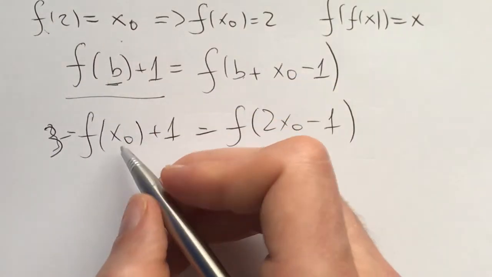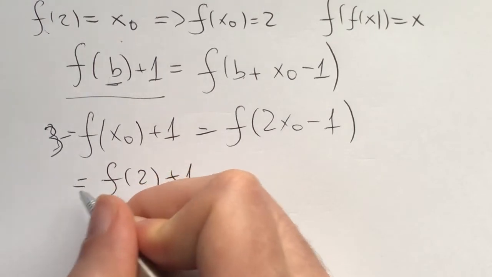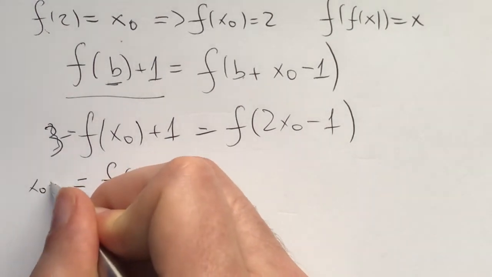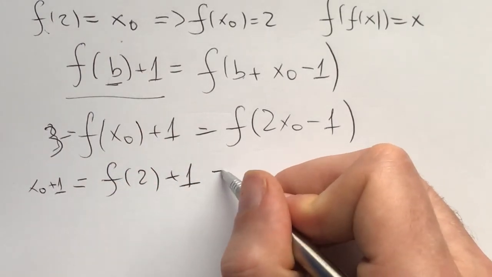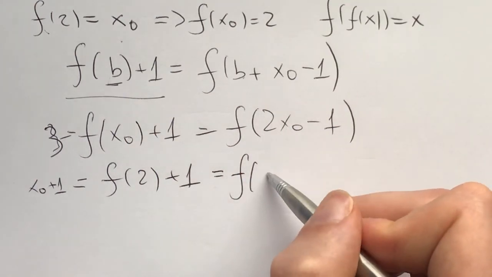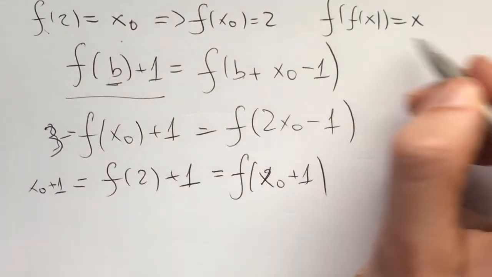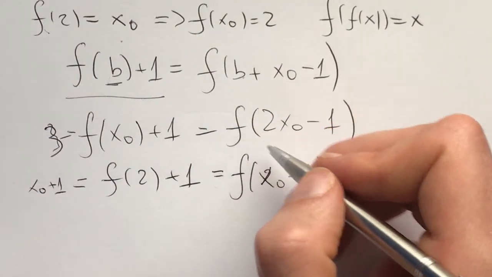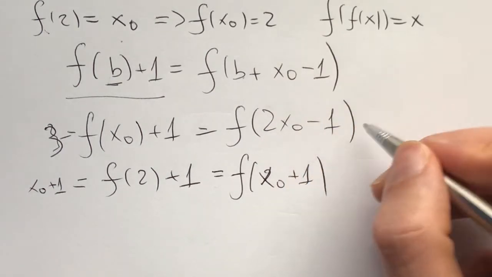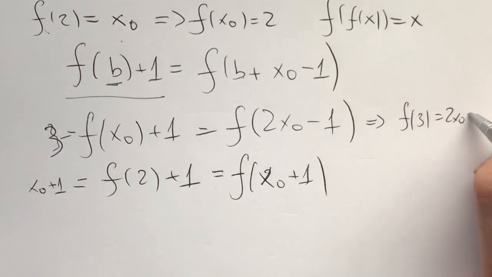Now let's also plug in 2, and we'll get that f of 2 plus 1 is x0 plus 1, and this will be equal to f of x0 plus 1. Now also, if we plug in x equals 2x0 minus 1, we will get that f of 3 is 2x0 minus 1.